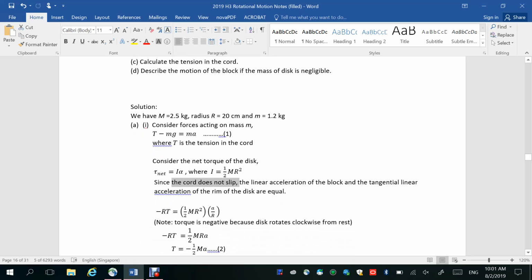Torque is negative because this rotates clockwise from rest, and we take anti-clockwise to be positive. So the torque in this case will be minus RT equals I alpha. Alpha can be linked to the tangential acceleration a in equation 1 by using a over R. So from here I simplify, and I'll get the tension to be equal to minus half ma.